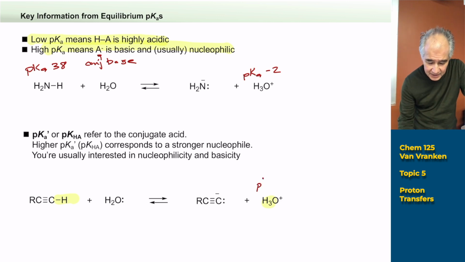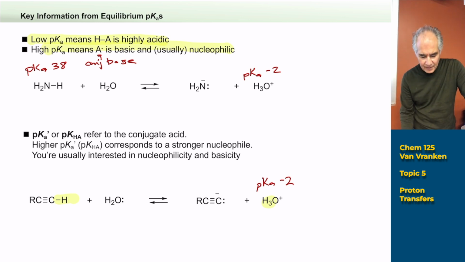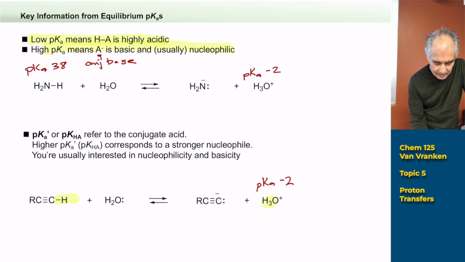So the pKa on this side is the same, it's pKa minus 2. And what's the acid on the other side? Well, it's the terminal alkyne, the terminal triple bond CH. And that has a pKa of about 24.